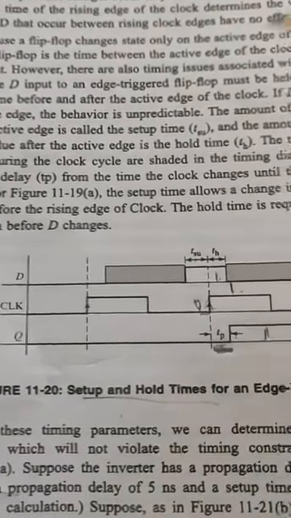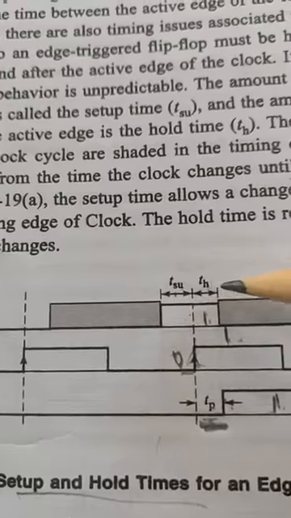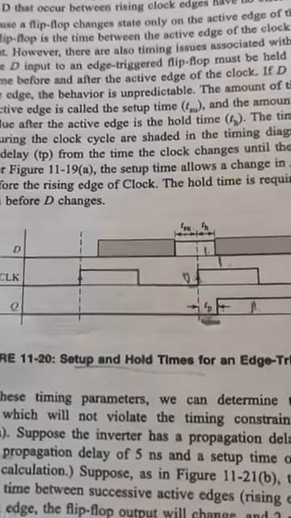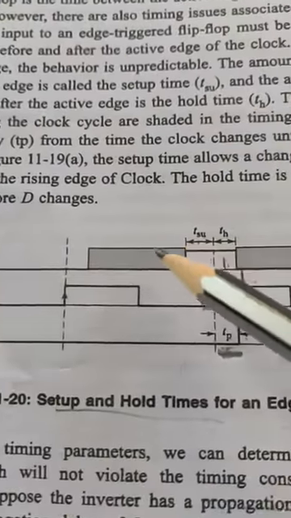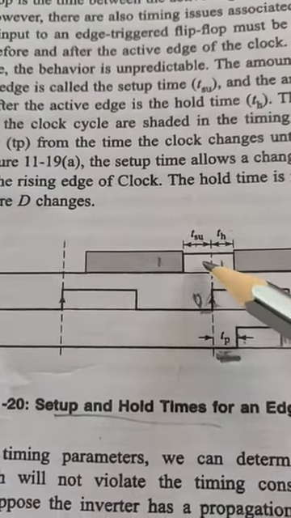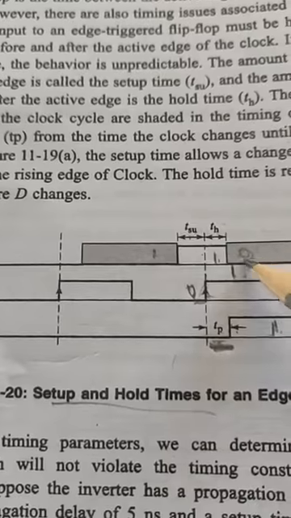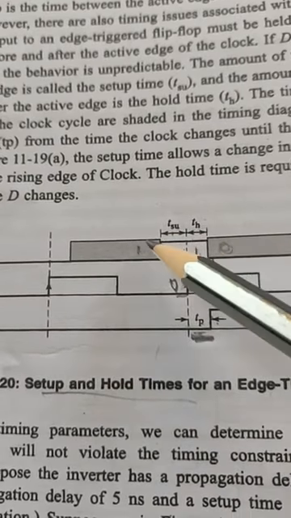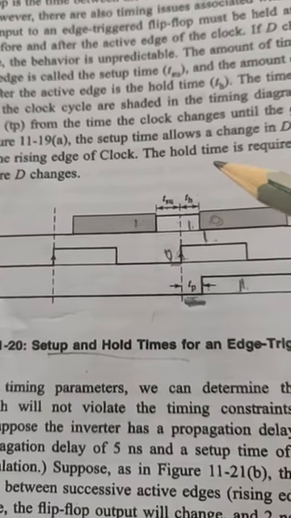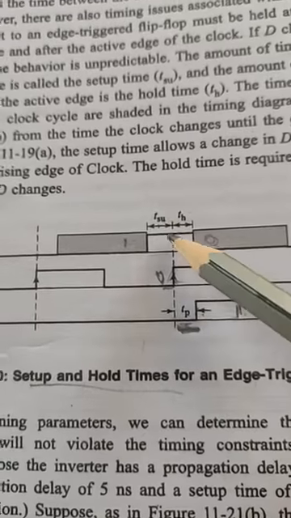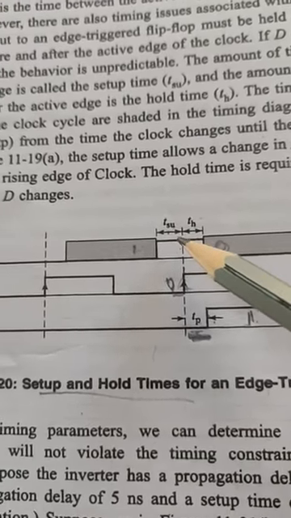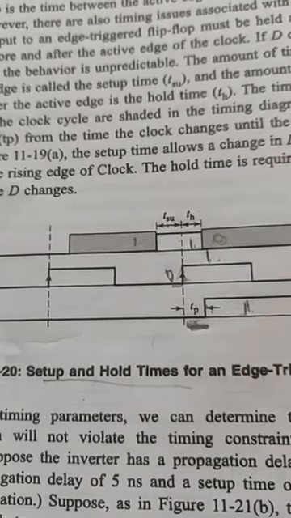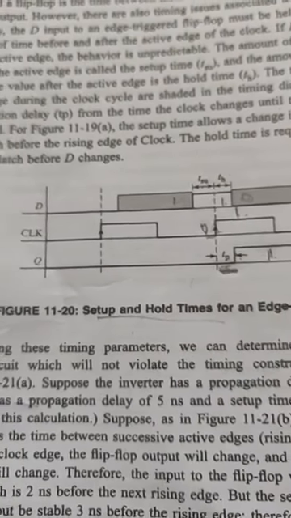Then we have setup time and hold time. What is setup time? If the D input is 1 and it wants to move from 1 to 0, before the clock pulse it will start setting up. It will start moving from high to low.